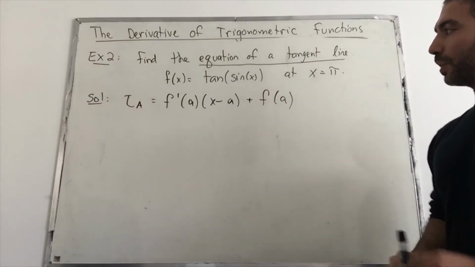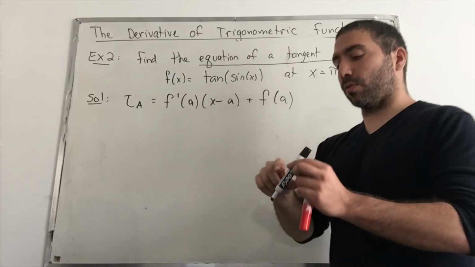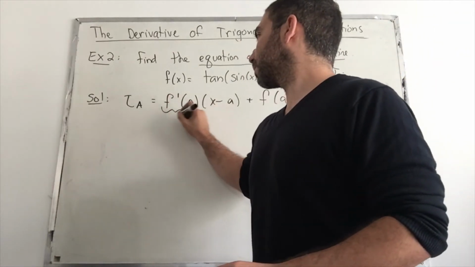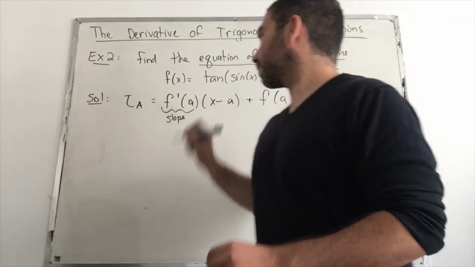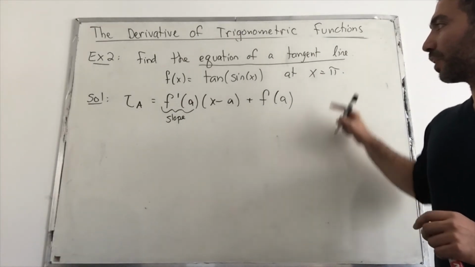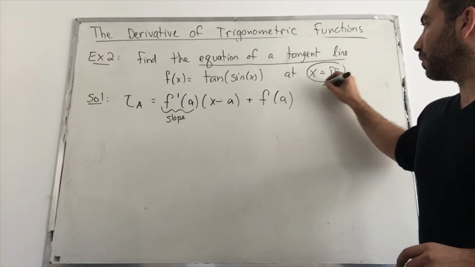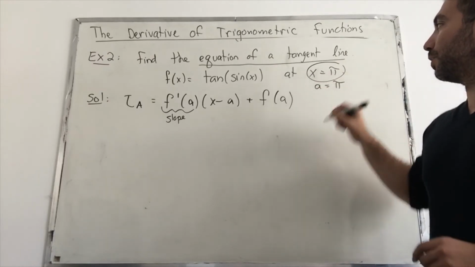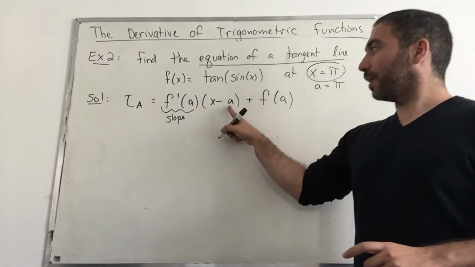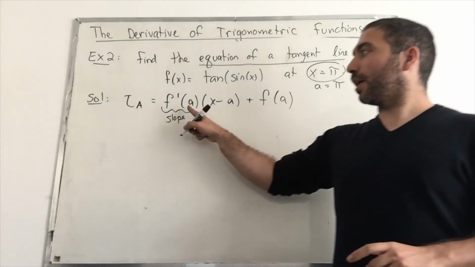Okay. So let's start off by finding the slope. The value a is essentially just pi. So even though it's written x equals pi, we know this is really the value of a. So we have the a here, we have to find f of a, and we have to find f prime of a.